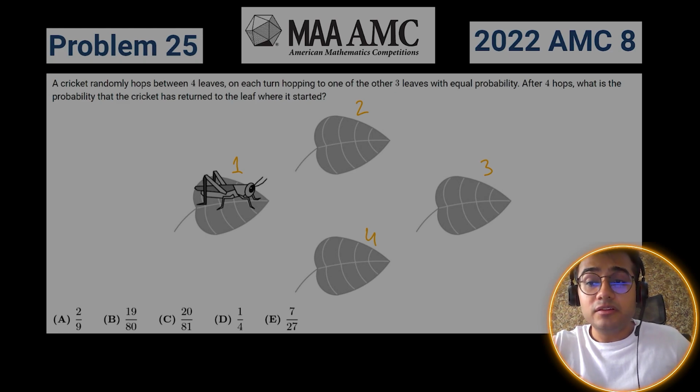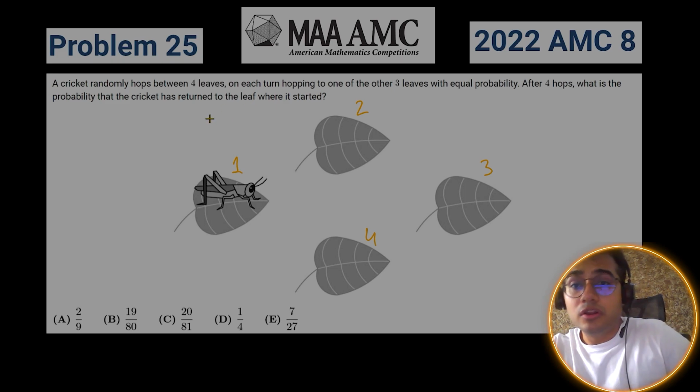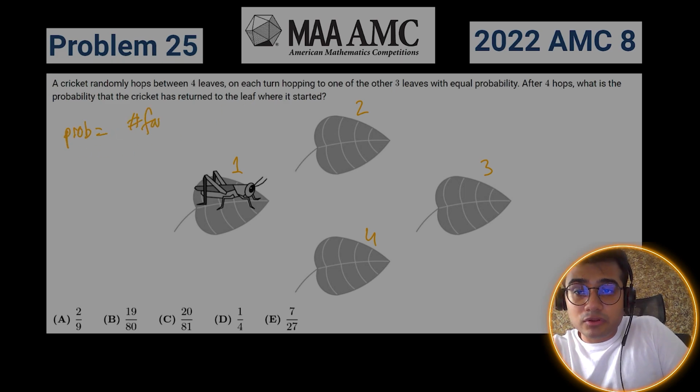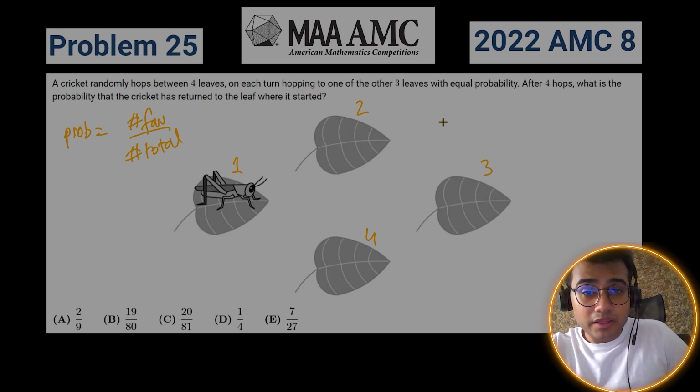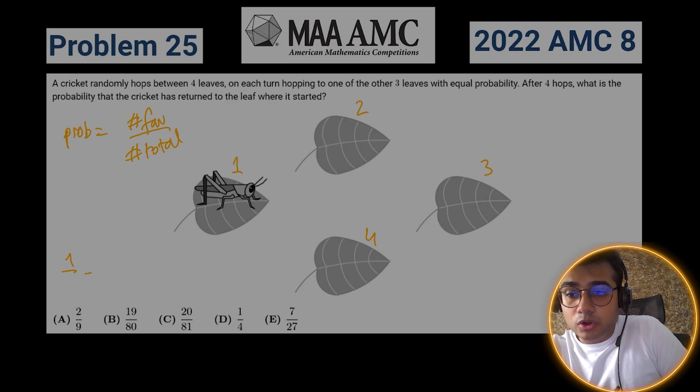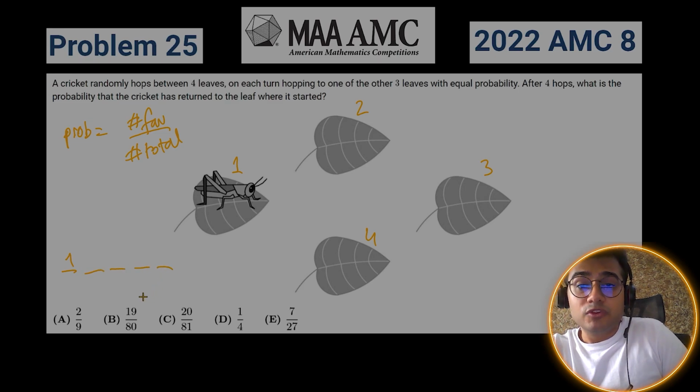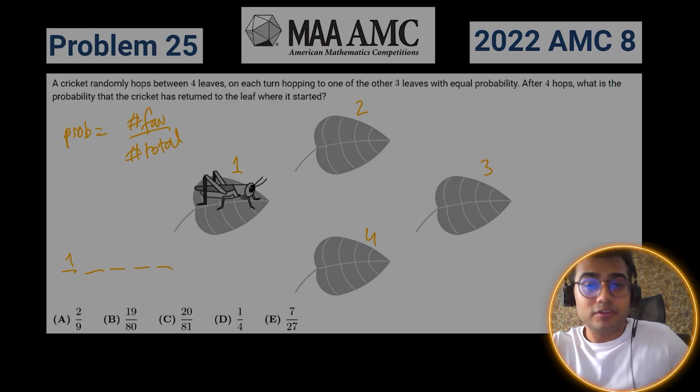And secondly, since this is a probability problem, we know that probability is number of favorable outcomes over number of total outcomes. So let's count the number of total outcomes that we can have. We start at 1, and then we do 1, 2, 3, 4 hops. So the total counts every single possibility.